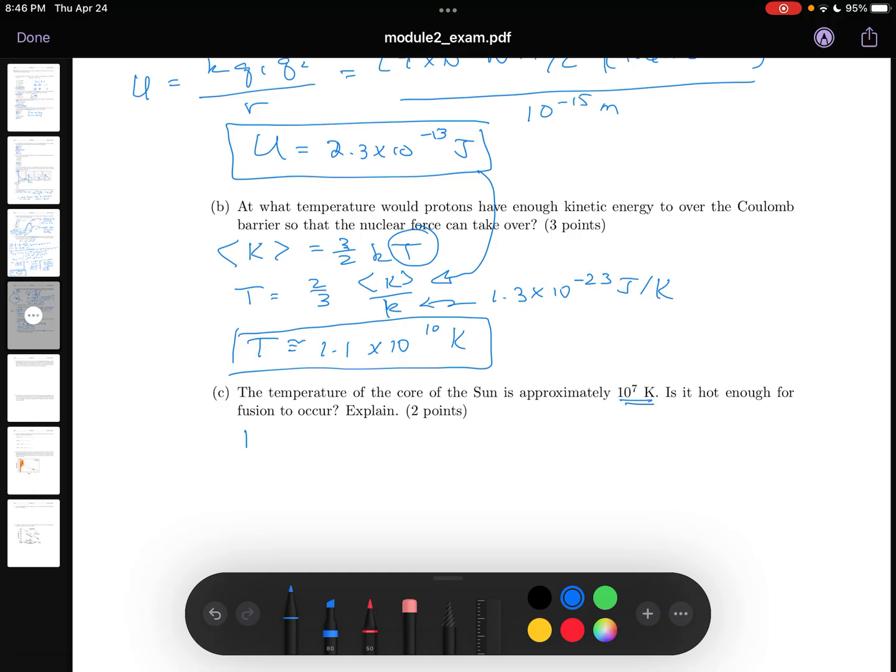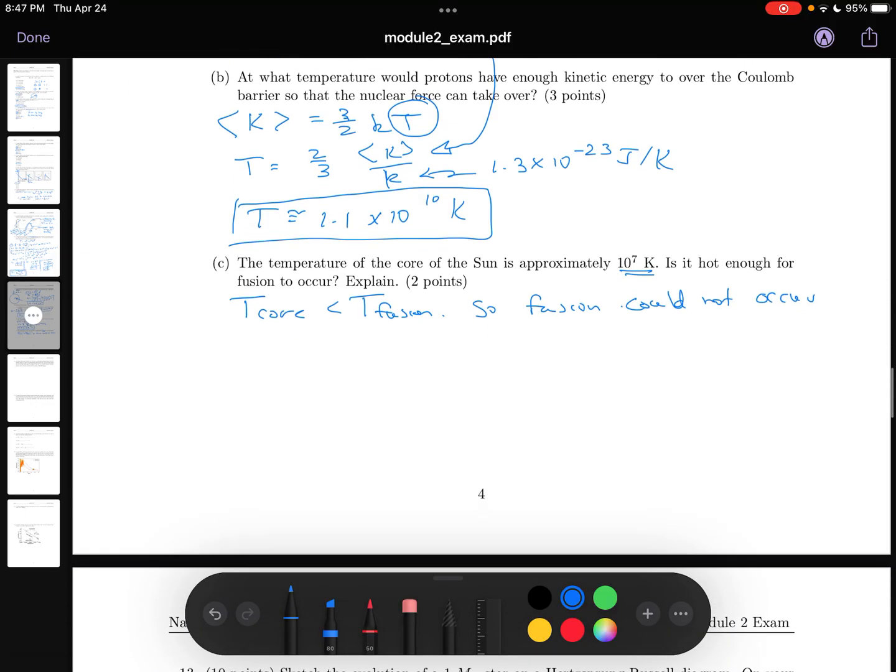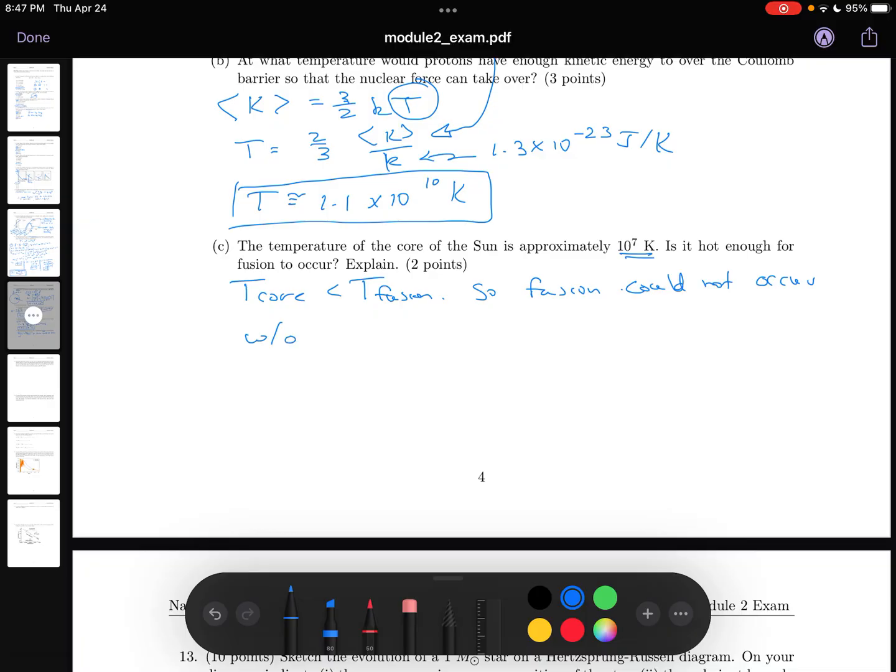So T core is less than T fusion, so fusion could not occur without the quantum mechanical effect of tunneling.